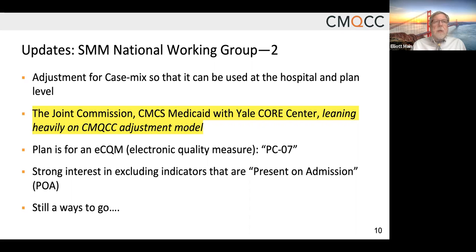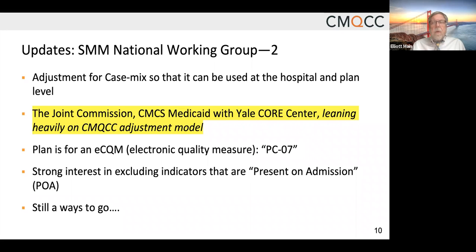This will be an electronic quality measure, PC07 for the Joint Commission, and Medicaid is probably going to build it into their payment structure like they do the other eCQMs for Medicare. There's a strong interest here in excluding indicators that are present on admission, which makes sense.